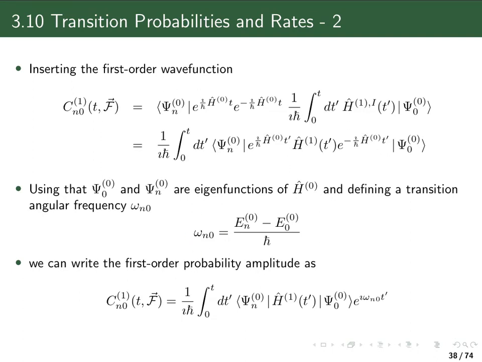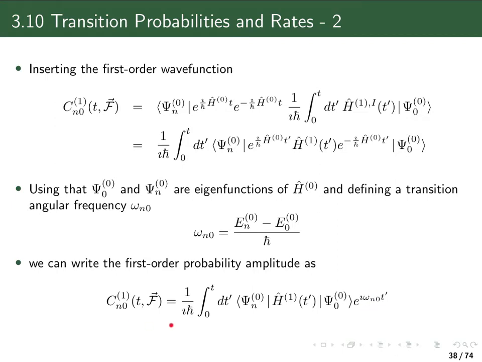If I call this omega 0n, which is the transition angular frequency, the angular frequency corresponding to the energy difference between my ground state, E0, and my excited state, psi n, then I get this exponential here, where I have the energy difference divided by h bar.